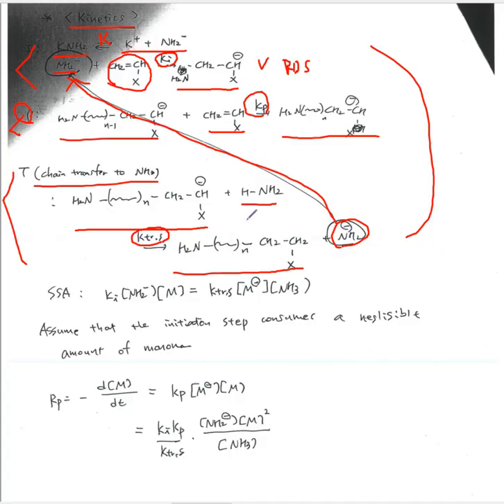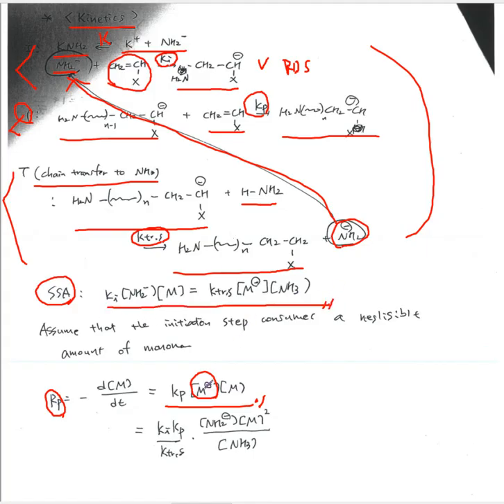So the overall propagation rate or polymerization rate of this anionic polymerization can be written by these expressions, and since we do not really want this ion concentration in the expression, we can simply use the steady state approximation by just saying that the initiation rate and the termination rate are the same.